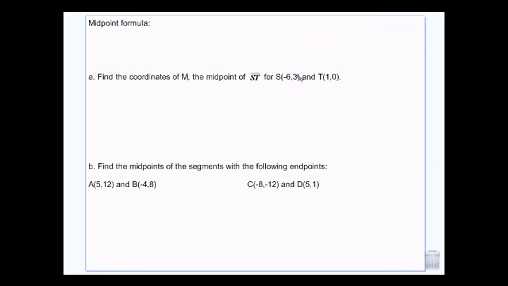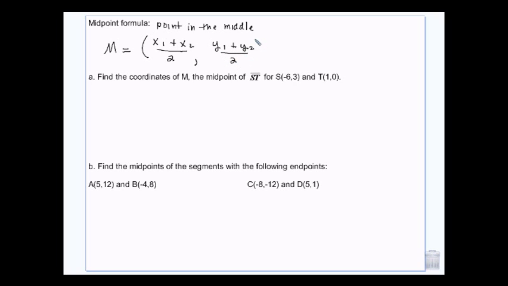We can also find the coordinate of the middle, that midpoint. So this is the point in the middle. And the midpoint formula is a little strange. You have that x1, x2 thing again, except you're adding them instead of subtracting them.